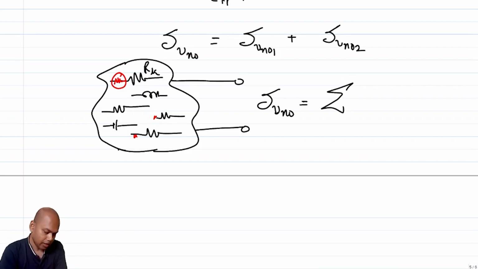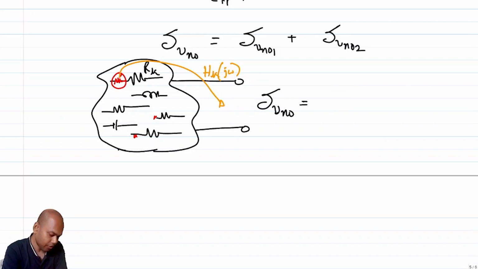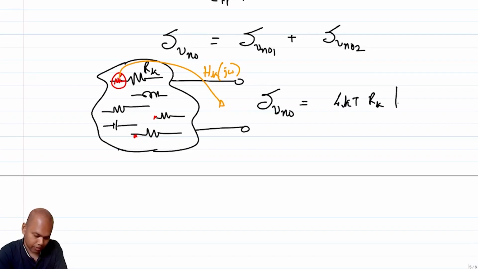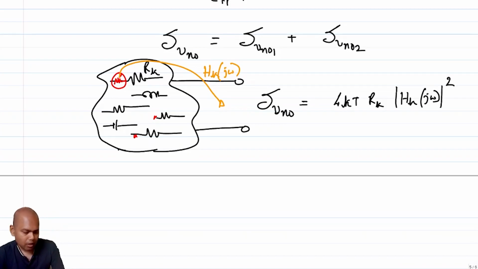Let's say the transfer function from this noise source to the output is H of k, H of k times j omega. So the noise contribution from RK is essentially 4kT times RK times mod of Hk j omega squared, right? So this is the contribution from the kth resistor.